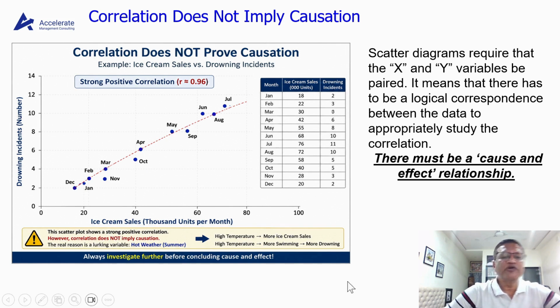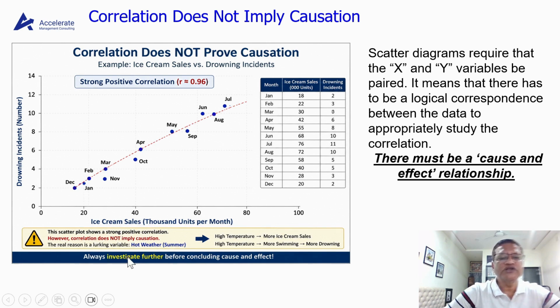For example, I've taken this example, ice cream sales and drowning incidences. As the ice cream sale increases, the drowning incidences also increase. This data is taken for 12 months, hypothetical data again. It does not imply that the ice cream sales and drowning incidents are causally related.